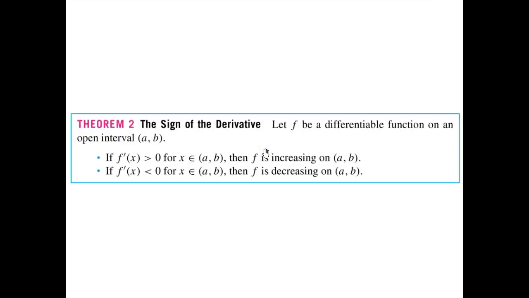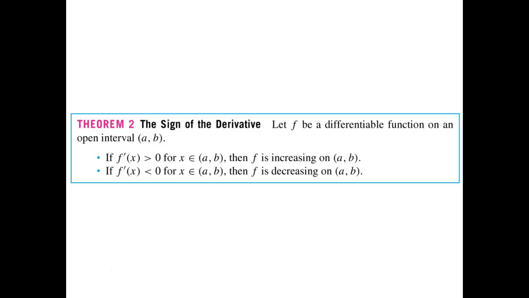All right. Let f be a differentiable function on an open interval a to b. If f prime of x is greater than 0, in other words, the slope of this curve is always positive, then that function is always increasing. It doesn't have to be a fixed value, it's just never negative, then f is increasing on a to b, meaning it's monotonic on a to b.